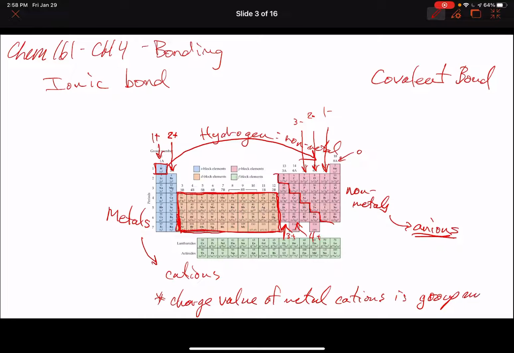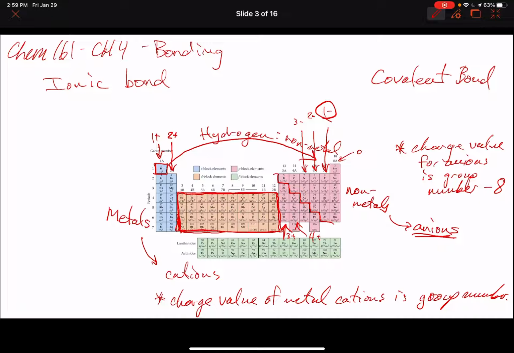The charge value for anions is the group number minus 8. So if we're in the 7th group, minus 8 gives us minus 1 for the halides. So that is how we can recognize whether we have ionic compounds or not.